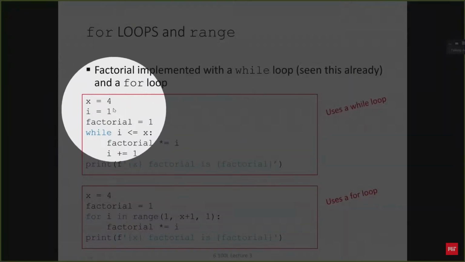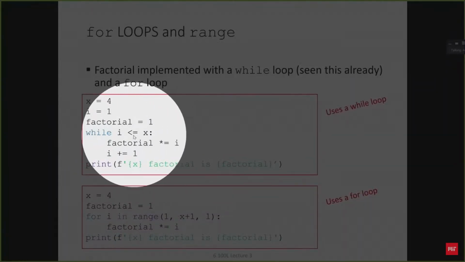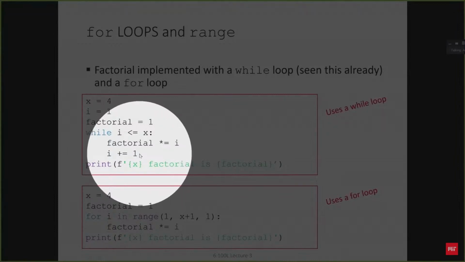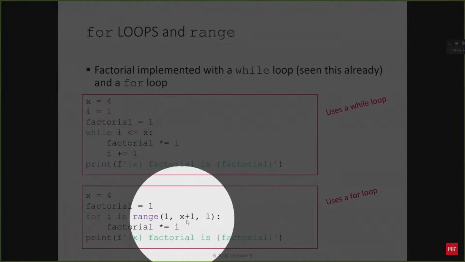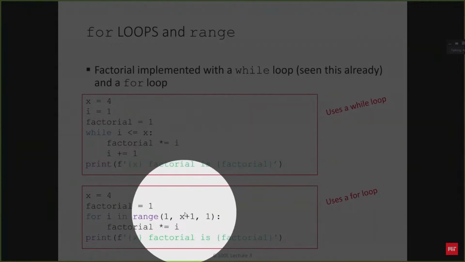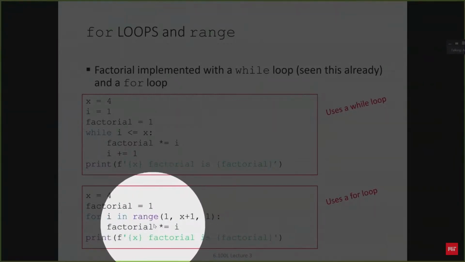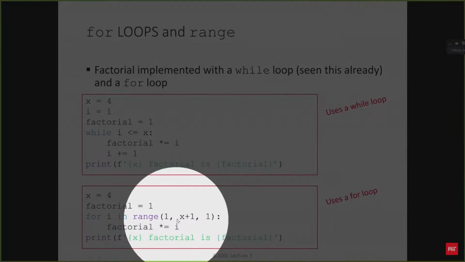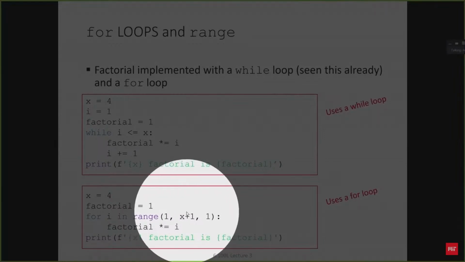This line, i equals 1, this while loop with the conditional, and this incrementing of i become the for loop, and that's it. The for loop takes care of the initialization, the increment, and going up to but not including the last value, x plus 1. So we're going to multiply the factorial with 1, then 2, then 3, then 4, all the way up to and including x.